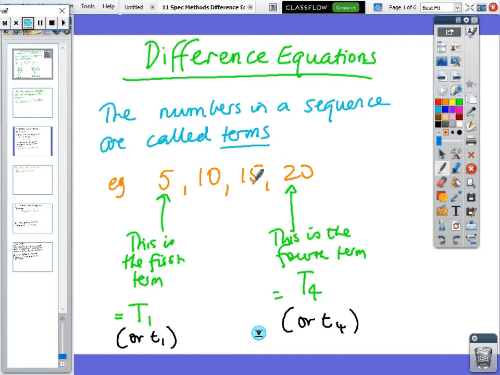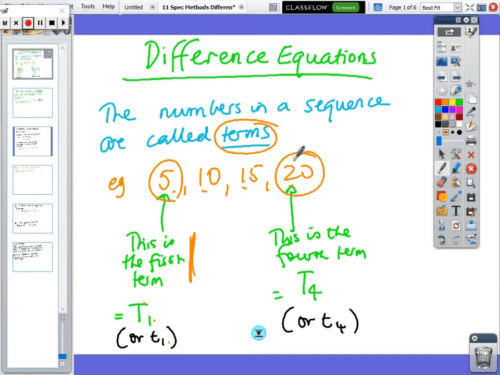When we have a sequence of numbers like 5, 10, 15, 20, each of these numbers is called a term. So for instance, in this one here, this is called the first term, and as a notation we can use these subscripts like ones here, and we either use a capital T or little t. It just depends on the textbook or how you're being asked to do it.